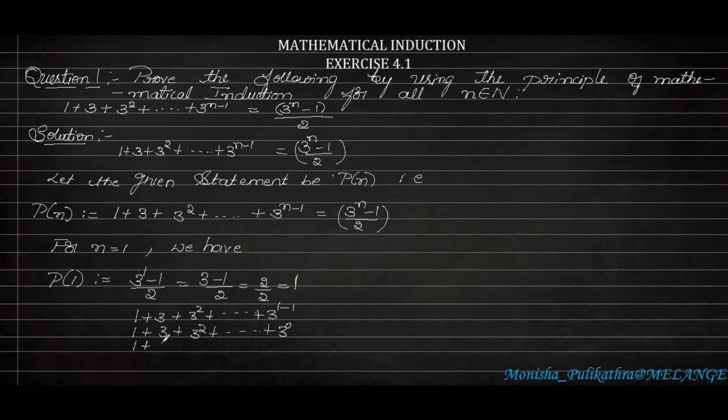So the equation falls like 1, 3, up to 3 to the power of 0 which is 1, so the sum will be 1 itself. So this equation is equal to the right side for n is equal to 1, which is true. So as per the basis step, the statement is true.